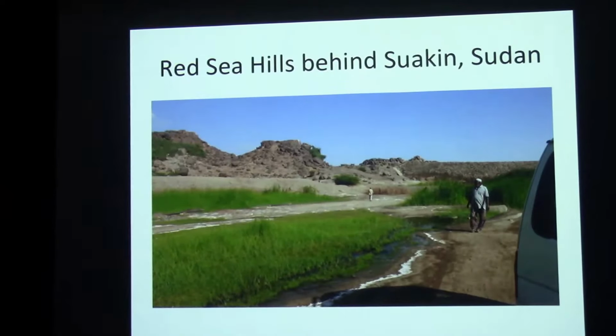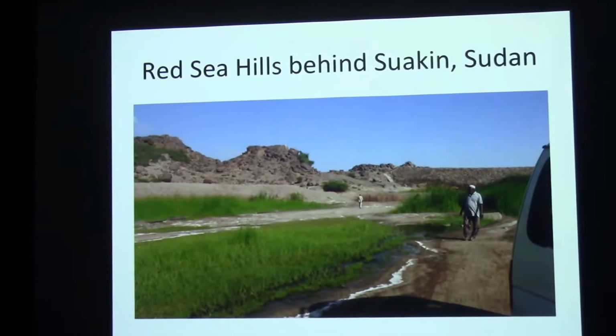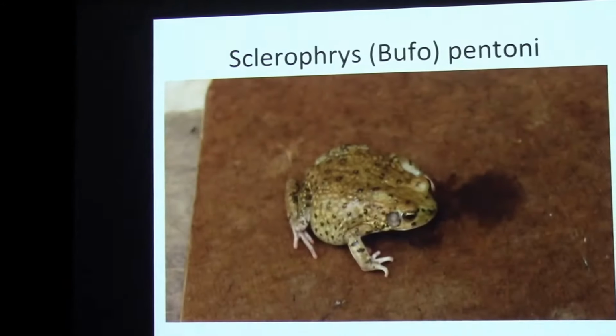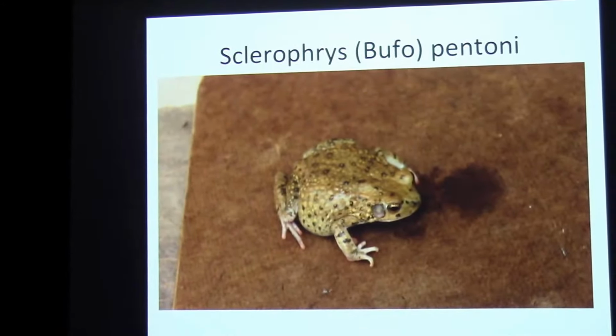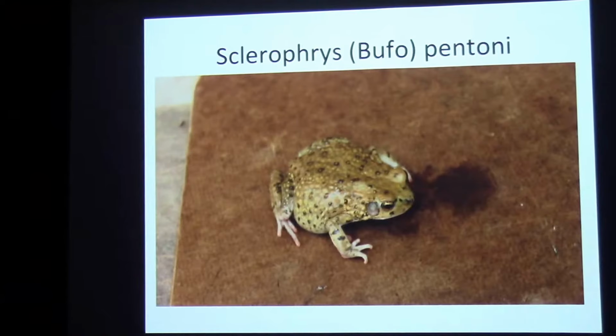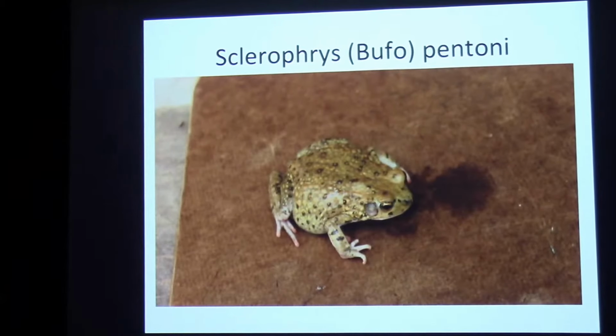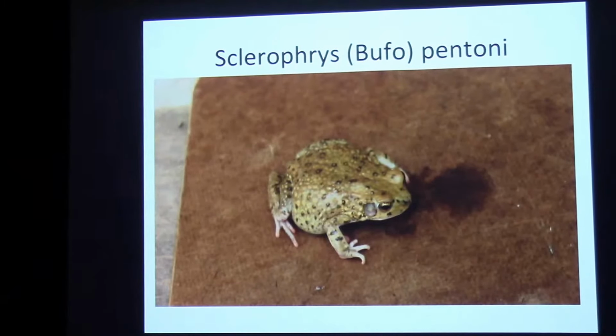And this is the habitat, the Red Sea Hills behind Suakin, where Bufo pintoni lives. It's now been placed in the genus Chlorophes, but now we have a real pintoni, and hopefully, more than one, several, they were common here, and hopefully once Dan is back in a position with a molecular lab, we'll be able to revisit this toad, this one tissue sample, which was the impetus that made me go to Sudan.